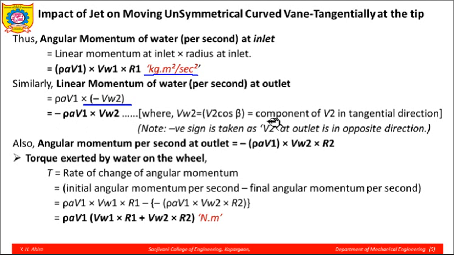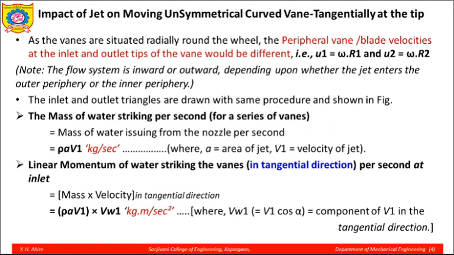You have to see the OVT, outlet velocity triangle. So Vw2 is V2 cos beta, the component of V2 in the tangential direction. And you can note the negative sign is taken as the V2 velocity at outlet is in the opposite direction to the rotation of the wheel, because it is towards the leftward direction.